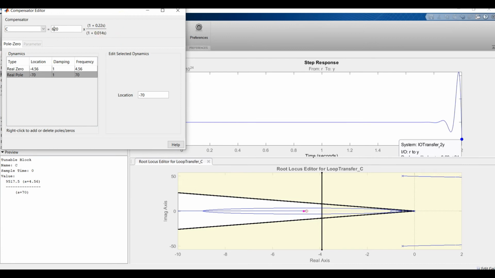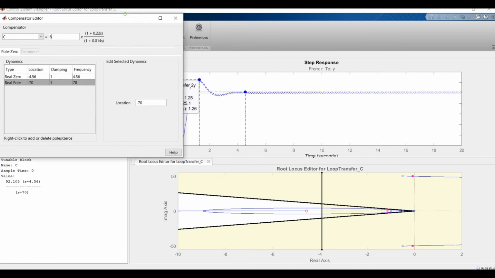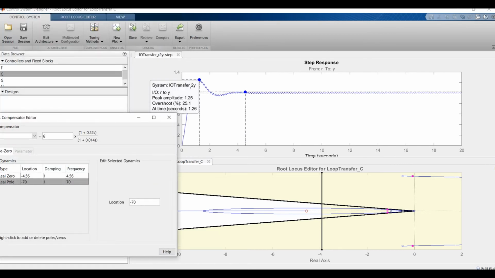Oops, just made a mistake. With 20, it's already unstable, so let's go back to 6. Okay, I hope you can see it. In terms of overshoot, we are fine, but the settling time didn't decrease, and we have high frequency oscillations present.